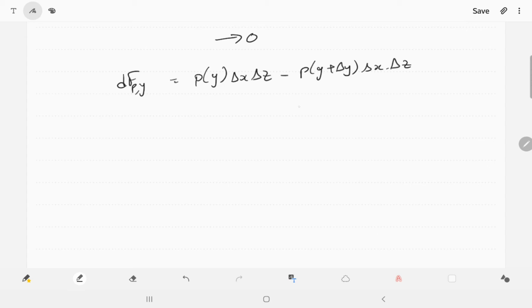Let us assume that we know P of y. Then how can we find P of y plus delta y? We generally don't know its value.